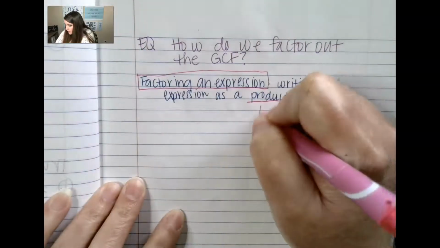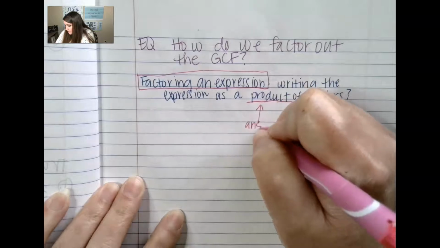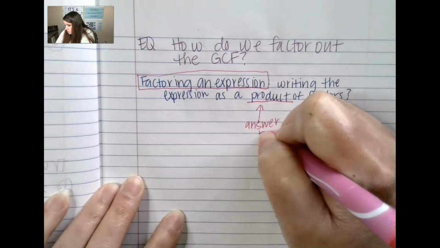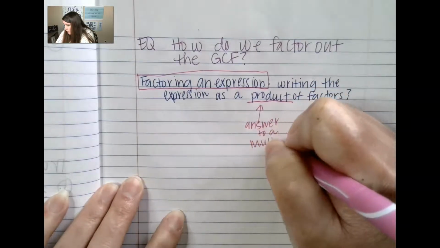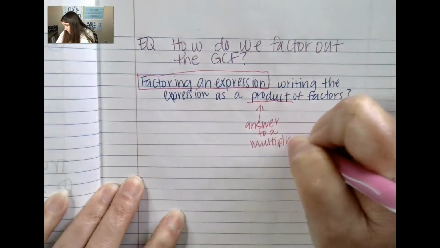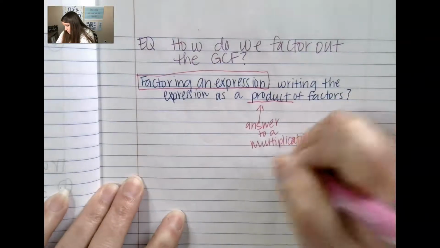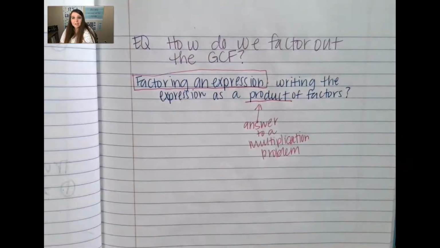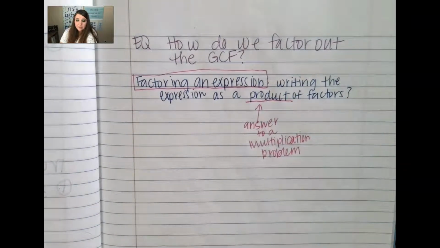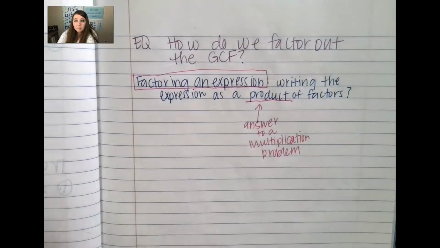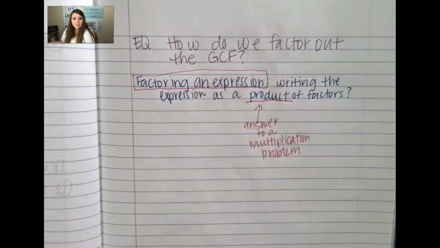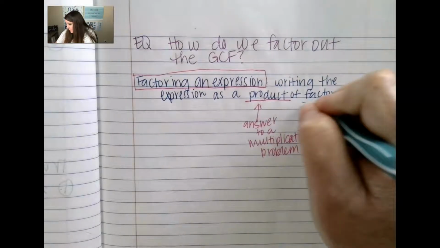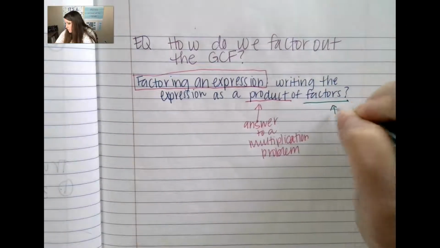The word product means an answer to a multiplication problem. And factors would be the things that we multiply in the multiplication problem. So factors are what we multiply.